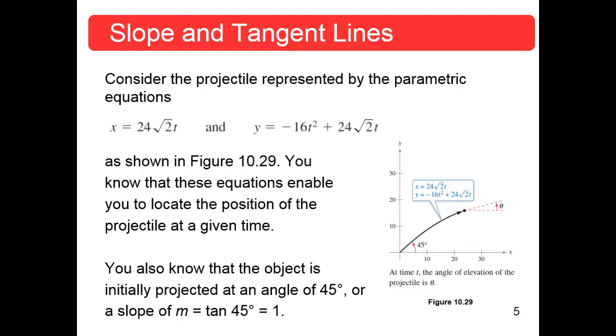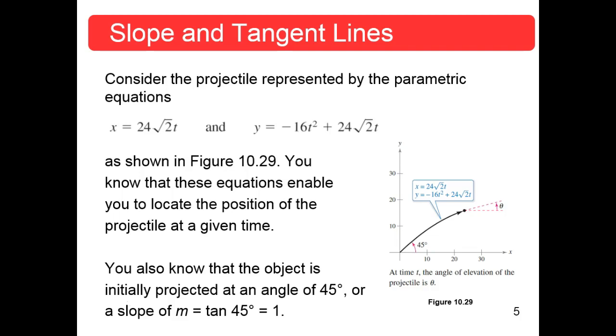Okay. You also know that the object is initially projected at an angle of 45 degrees. I don't know if you knew that or not, but when you see the square root of 2 in there, and you figure x is related to cosine and y is related to sine, yeah, that ought to give you a pretty good clue. 45 degrees is there because root 2 over 2 is there, both of the trig functions of that, okay?